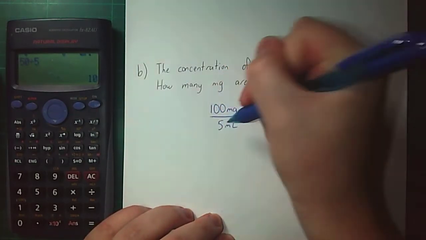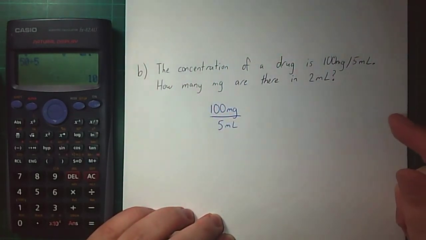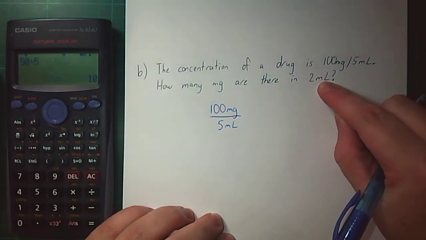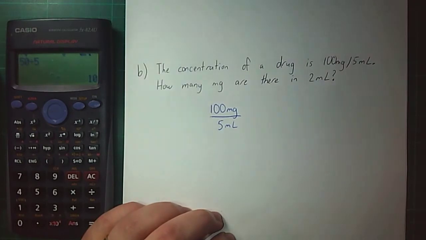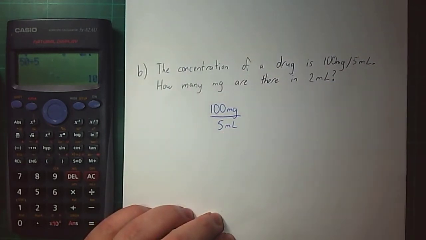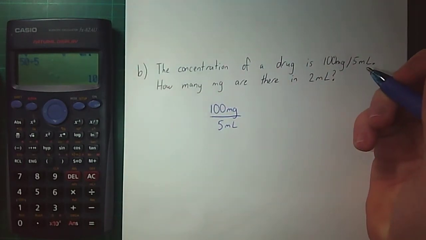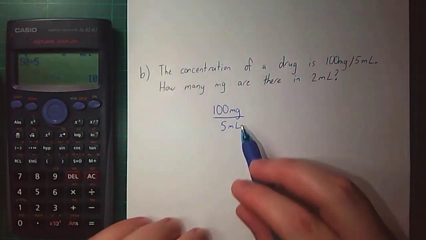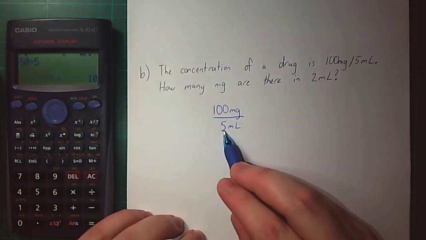And that's all well and good, except before we just divided this number so it could get to this number. But we don't necessarily know what we should divide 5 by to get 2. At least it's not as obvious as the one above. So when there's a situation like this, I'm just trying to make it a bit easier for myself. I'm going to divide the bottom and the top by this number.